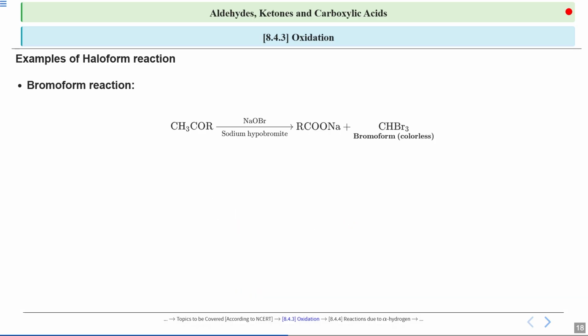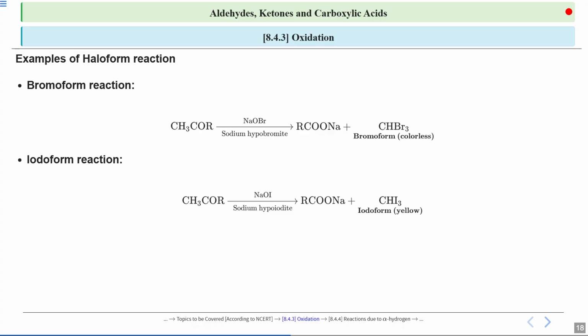Now continuing with the example, next we will see a bromoform reaction. In this reaction, a compound with the structure CH3COR, which is a methyl ketone, reacts with sodium hypobromite, which is NaOBr, and you will get RCOONa and bromoform, which is CHBr3, which is again colorless.